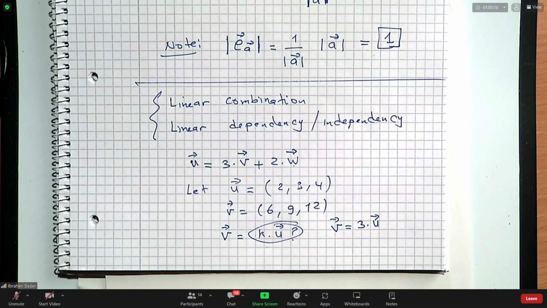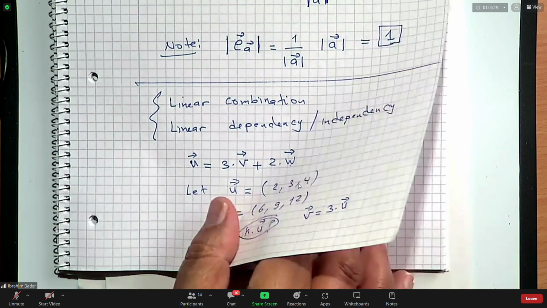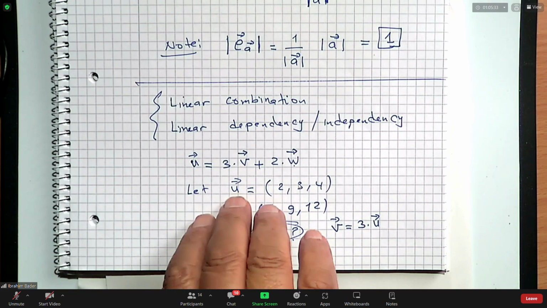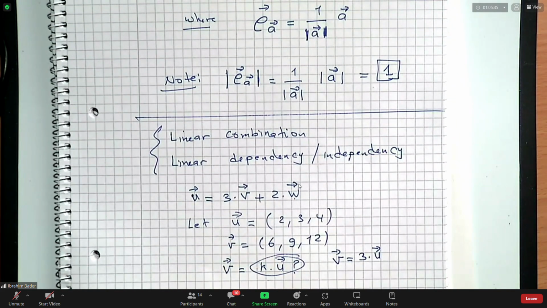All right, so let's move now to the next related topic: linear dependency or independency. Linear dependency and independency can be shown in linear algebra using different methods.